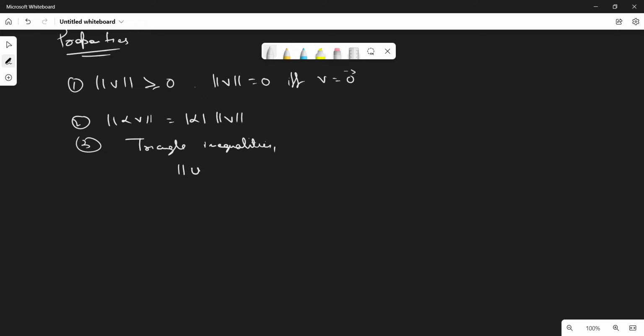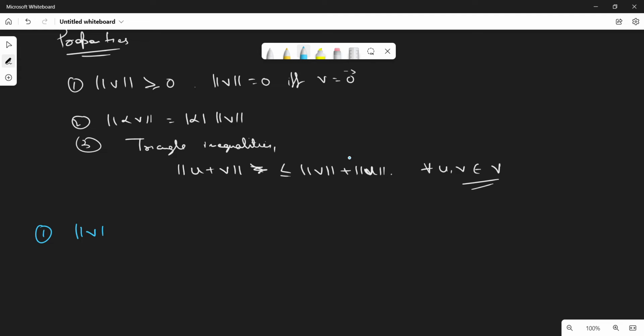The norm of the addition of two vectors is always less than or equal to the addition of the norms of the individual vectors. And this happens for all the elements in the vector space. This is the triangle inequality. Clear? Proof of the triangle inequality we will do later after we study the Cauchy-Schwarz inequality. Then we will be able to prove it. The first two proofs are pretty simple.